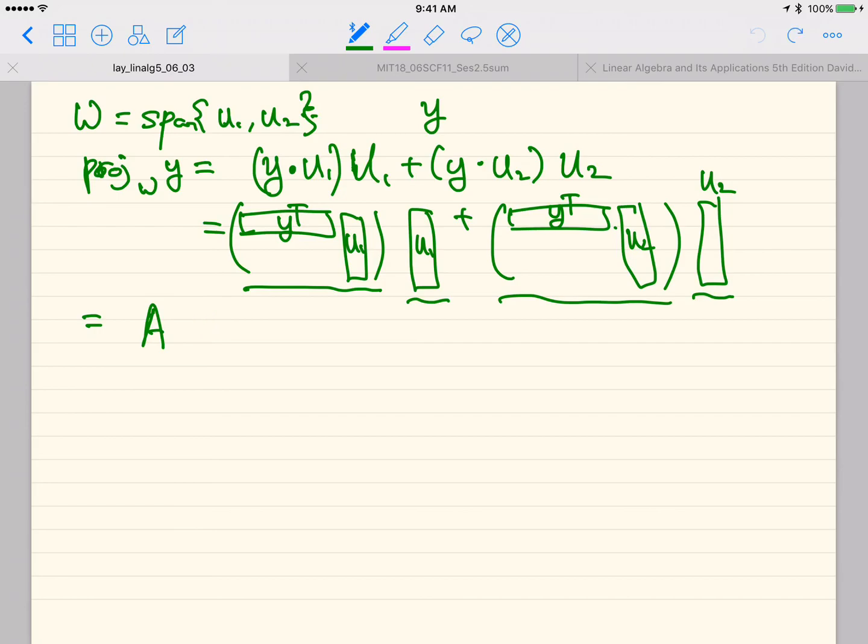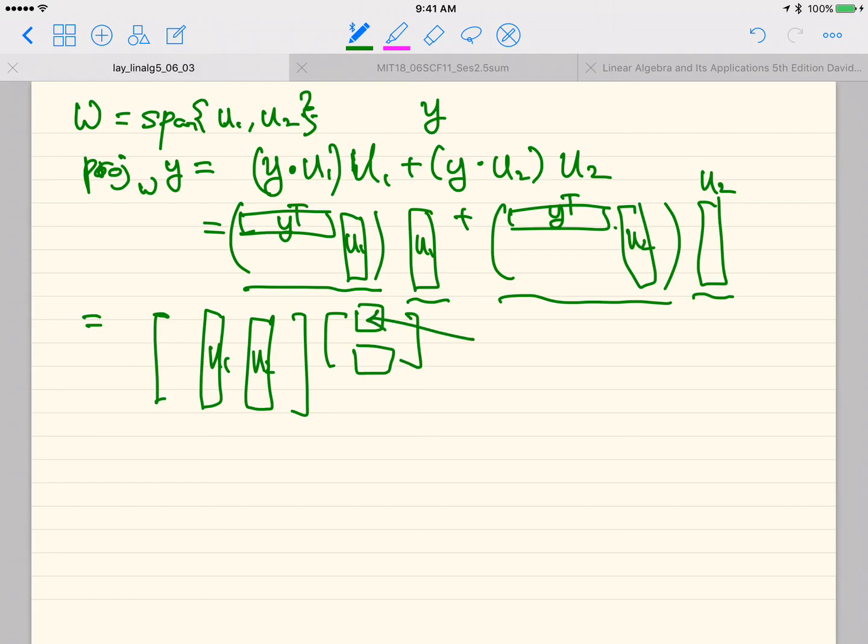What will be our matrix A? That matrix will be U1 and U2. This is our coefficient matrix. And then what is the linear combination coefficient? Those two: this one will be y transpose U1, and this one will be y transpose U2, right?